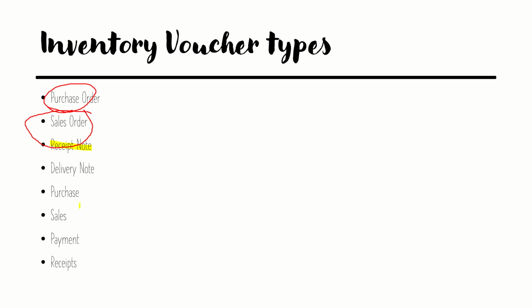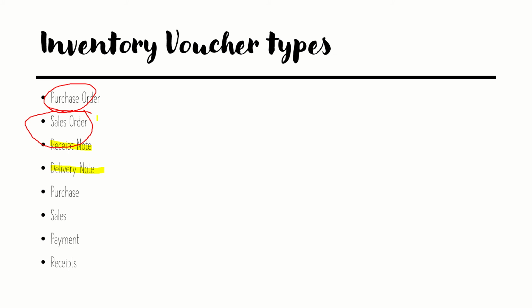And what is the delivery note? When you deliver material to the customer, or when you return some item to the customer, we can use the delivery note. The receipt note and delivery note are based on these two voucher types, purchase order and sales order. So we should match with the purchase order and with the sales order.